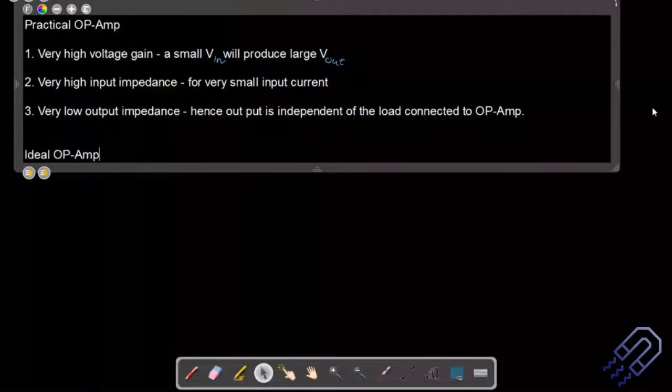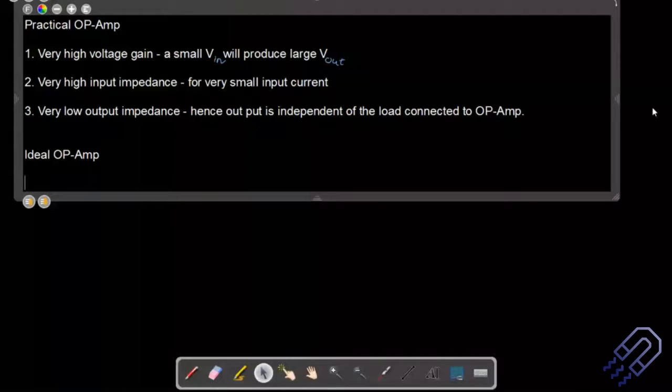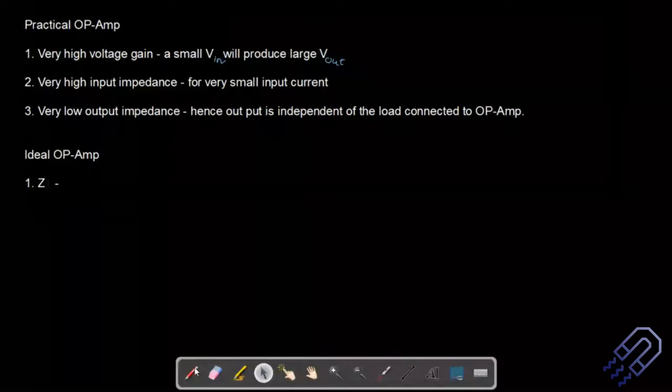If we consider an ideal op-amp, the input impedance, let me write it down as Z in, should be infinity. So it's very high. This is the input impedance Z in, and this is the output impedance Z out.